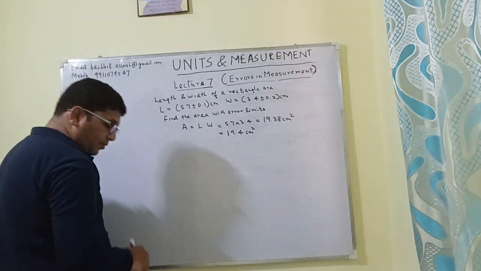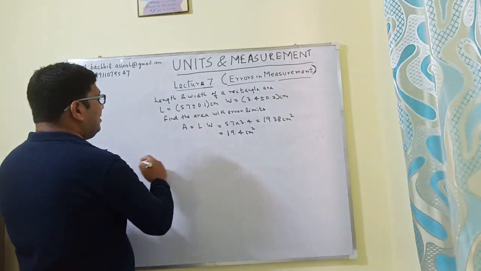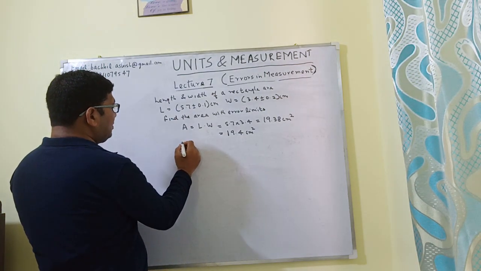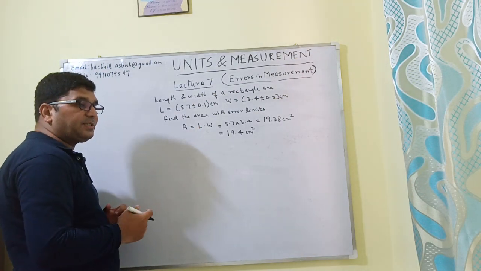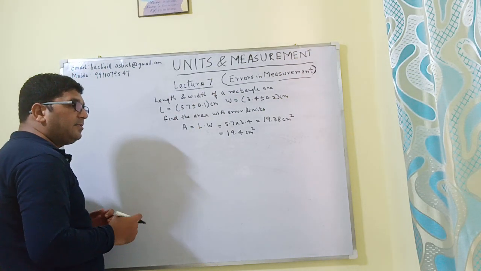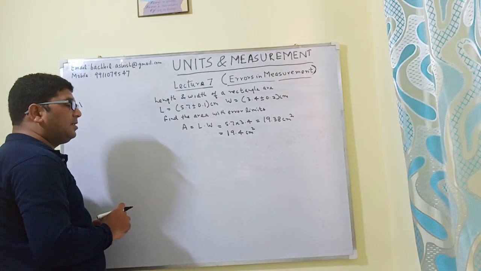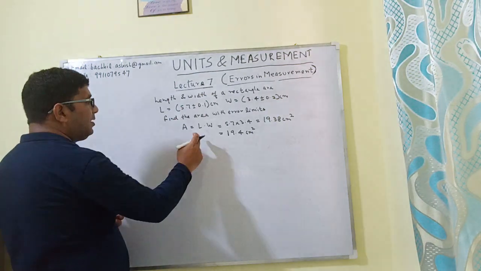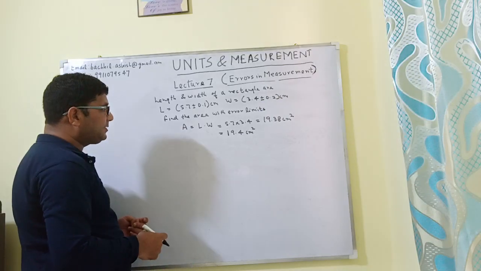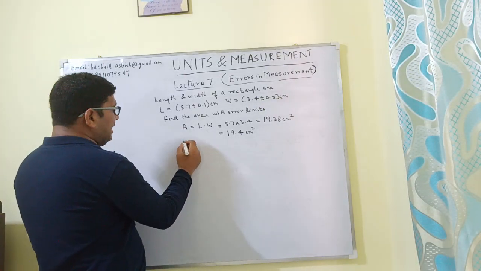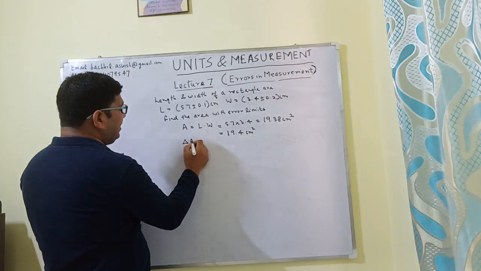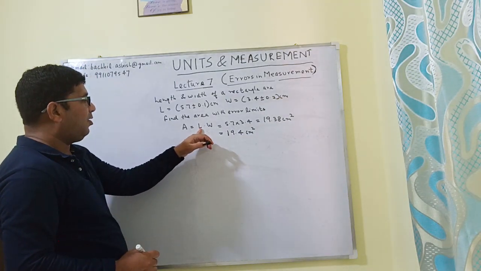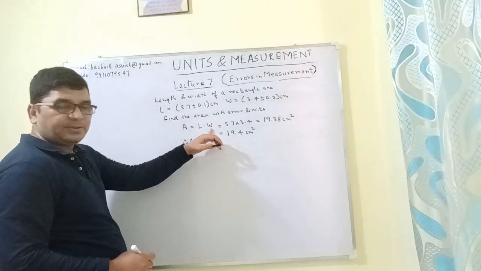Okay? Now we have to find the area with error limits. So area is equal to area with error limits. In the previous session we have studied that if a physical quantity is a multiplier of, let's say, 2 or more physical quantities, then their relative error, that is delta A by A, will be equal to the sum of the relative errors of the multipliers.